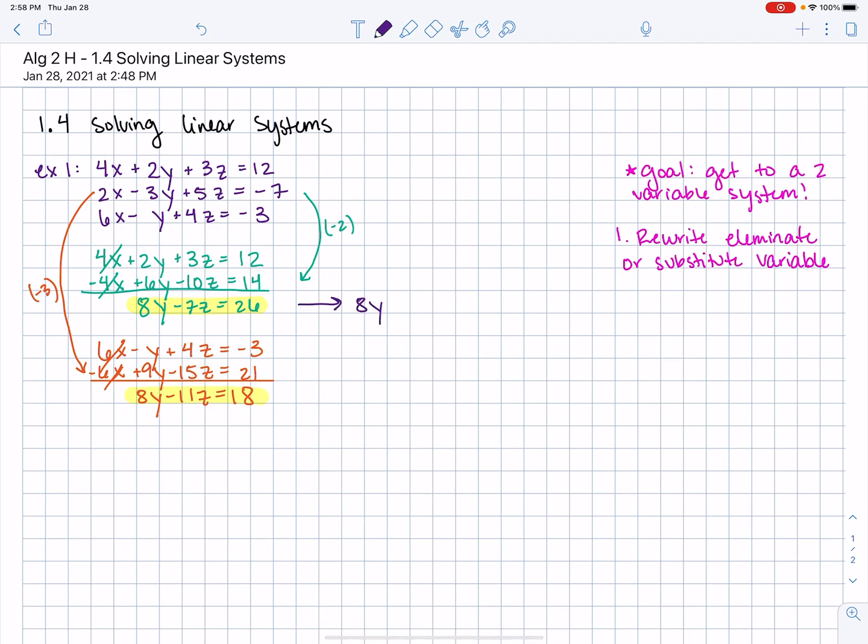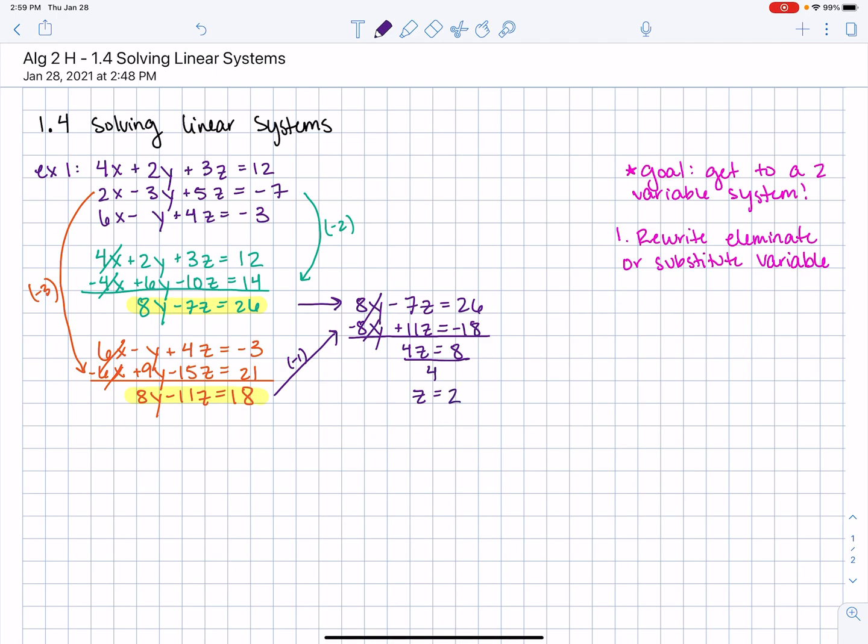So we have 8y minus 7z is equal to 26, and then I'm going to multiply this one by negative 1 to set up negative 8y plus 11z is equal to negative 18. And then add them up together. The y's disappear. And at this point, we get 4z is equal to 8. Now divide by 4 to solve for z, so z is equal to 2.